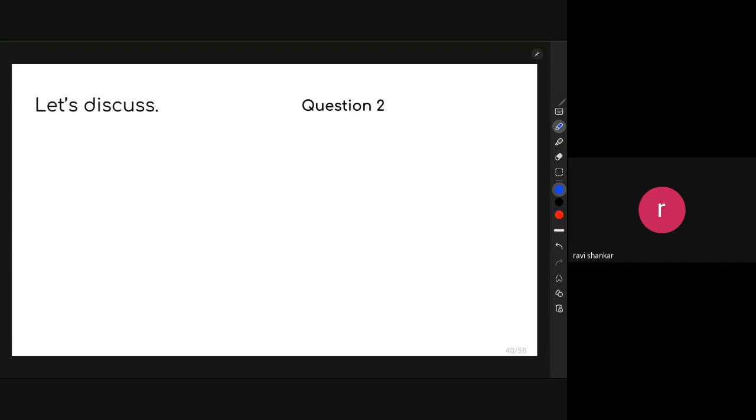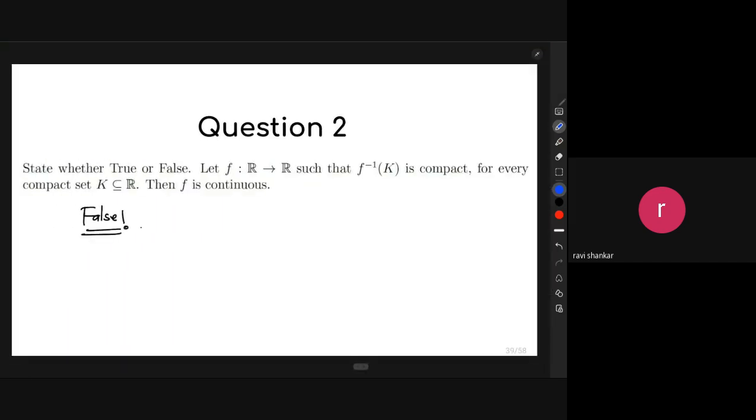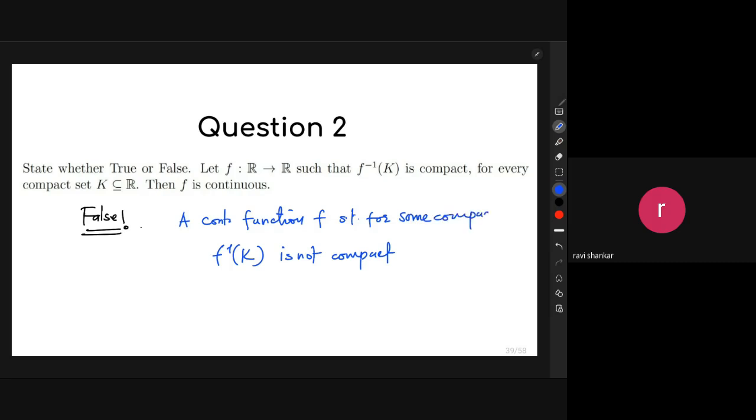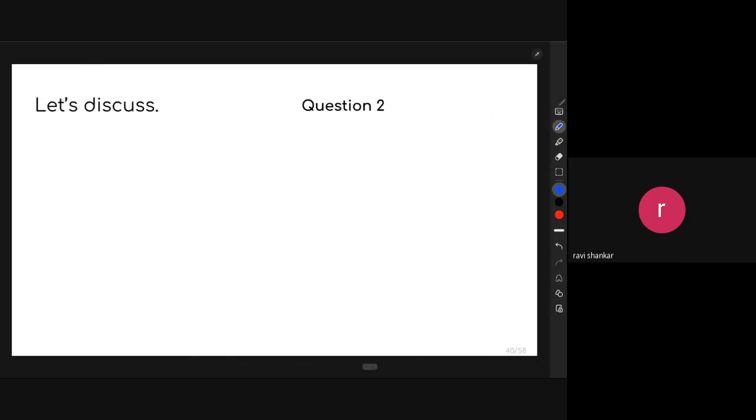So in order to disprove this statement, you need to come up with a continuous function f such that the preimage of a compact set is not compact, so that for some compact K, its preimage under the map is not compact.